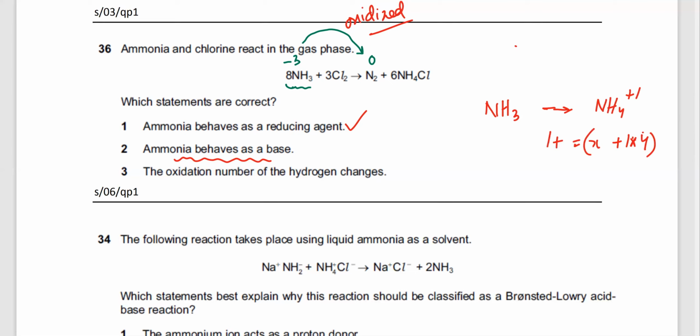X still comes out to be -3, and X is -3 over here as well. So nothing is happening there. We were looking for whether it's behaving as a reducing agent, and it was behaving as a reducing agent, okay?